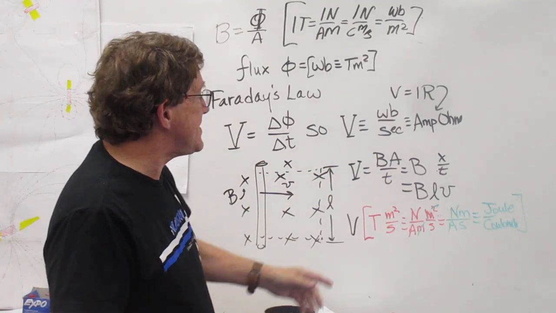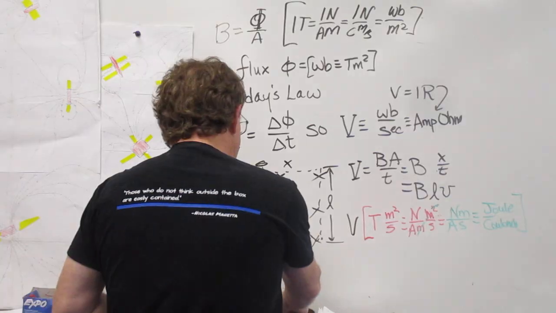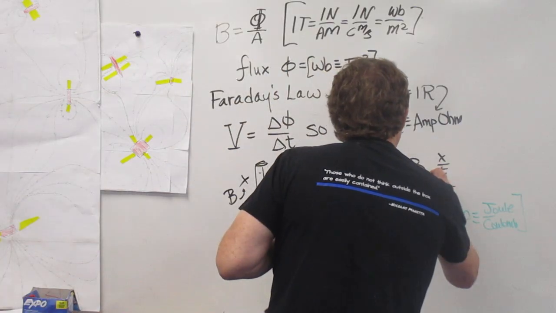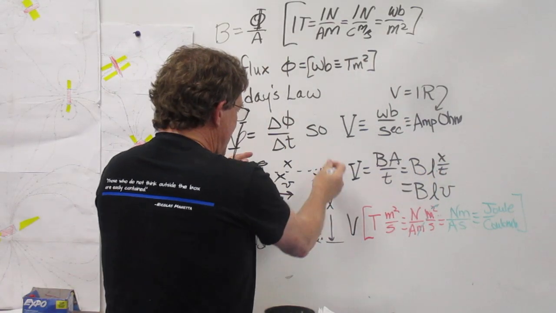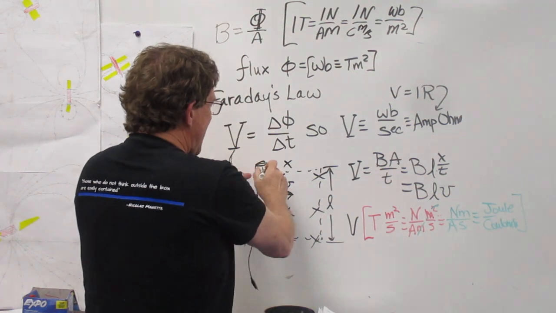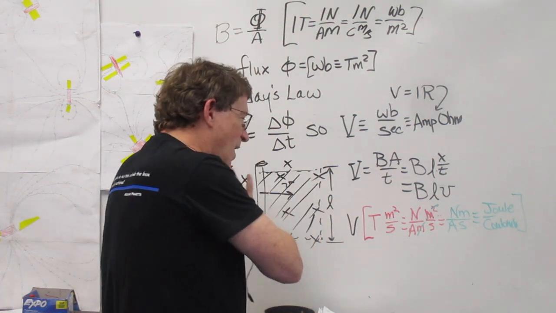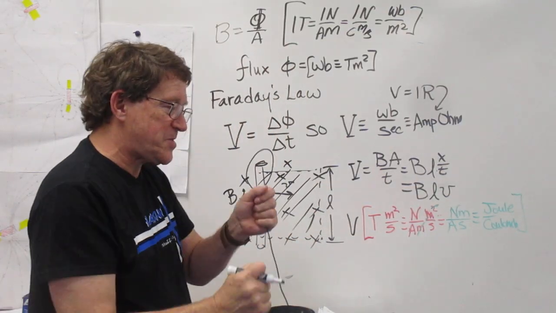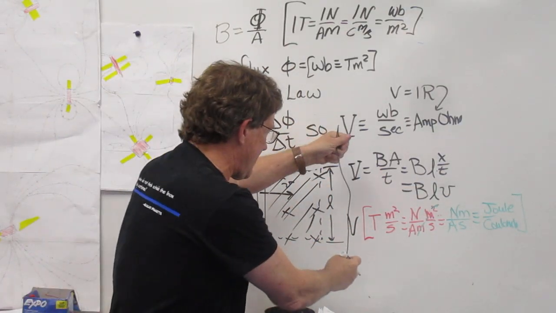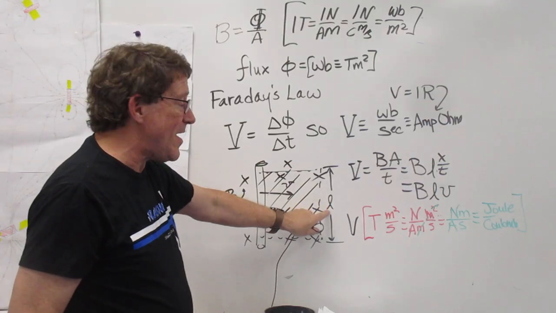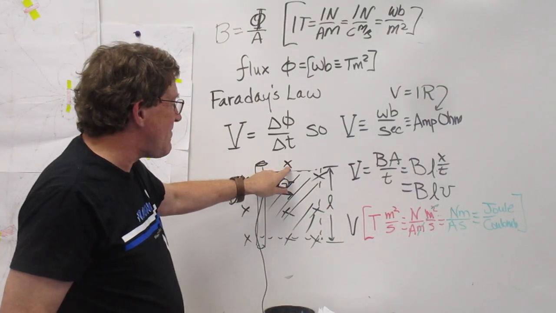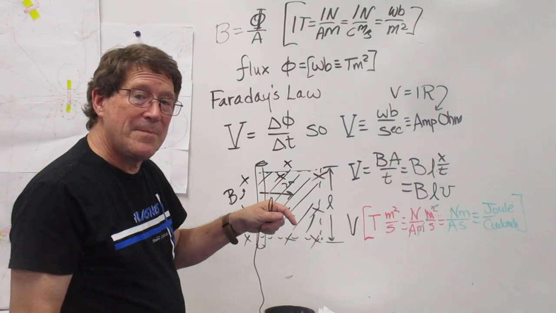And so when you take this area, and I've lost my L here, it's going to be the length of the wire times the distance of travel. This is the area of the flux that you're breaking across as you scrape this wire across here. It's going to be the length of the wire times the distance it travels per time.